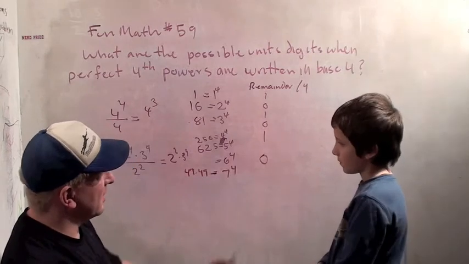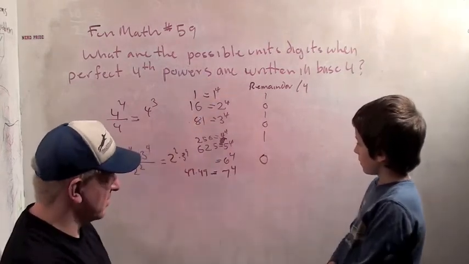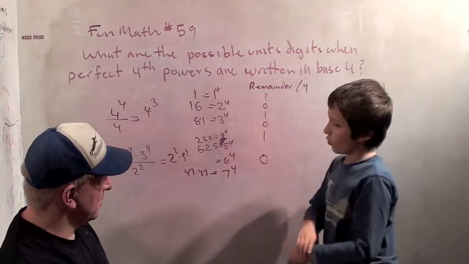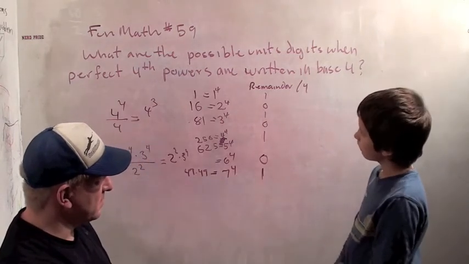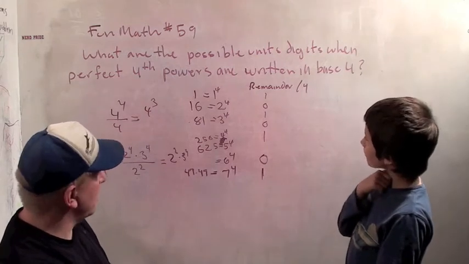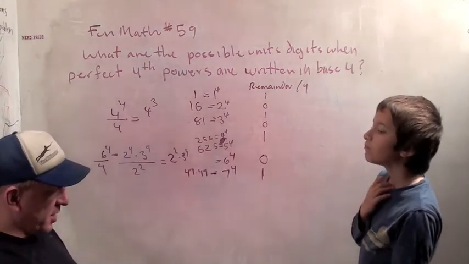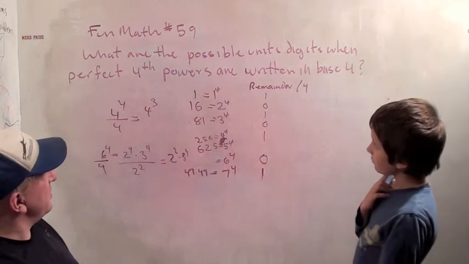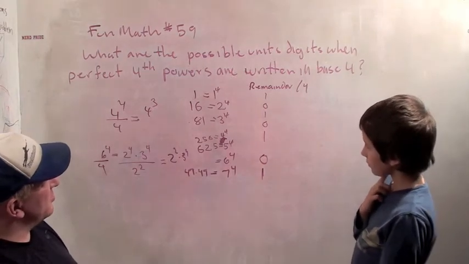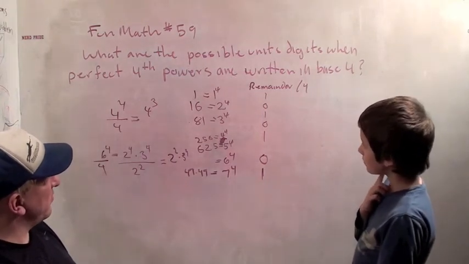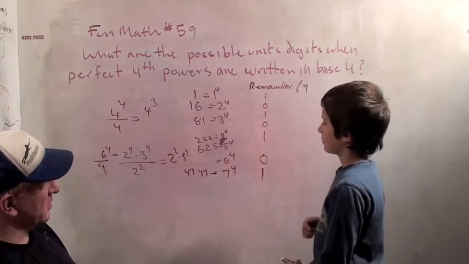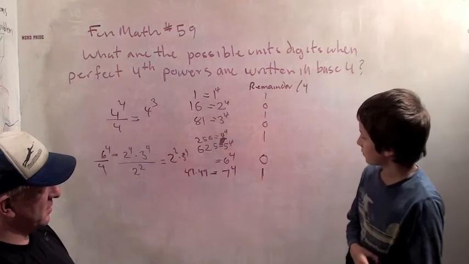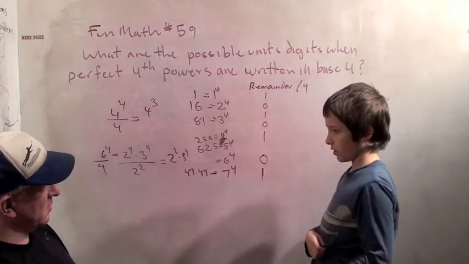Okay. What would you guess if this pattern was going to continue? What would you guess the remainder was going to be? Probably 1. Okay. So, if this was a math contest problem and you were going to guess, what do you think the possible units digits are in base 4 when you write perfect fourth powers? Could be still 1 or 0.